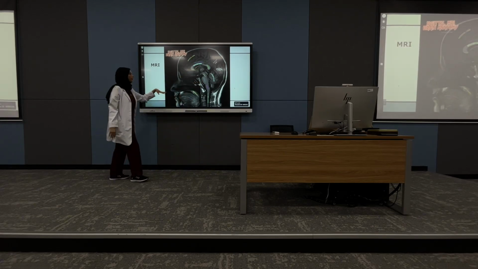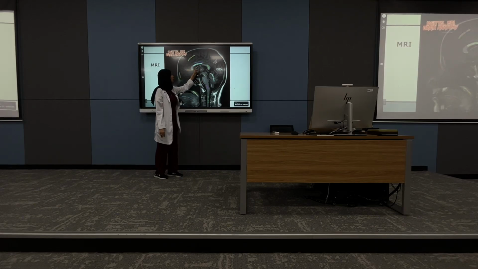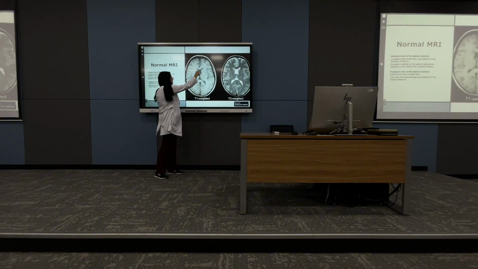Alright. This is another MRI. As you can see, here is the lateral ventricle, corpus callosum. Basically, this is the septum pellucidum. It's surrounded by the corpus callosum on top, septum pellucidum in the middle.